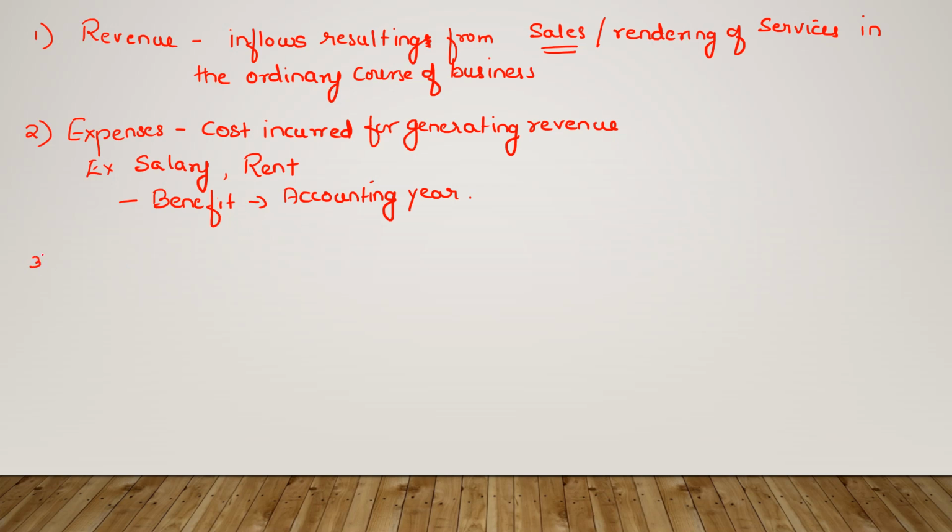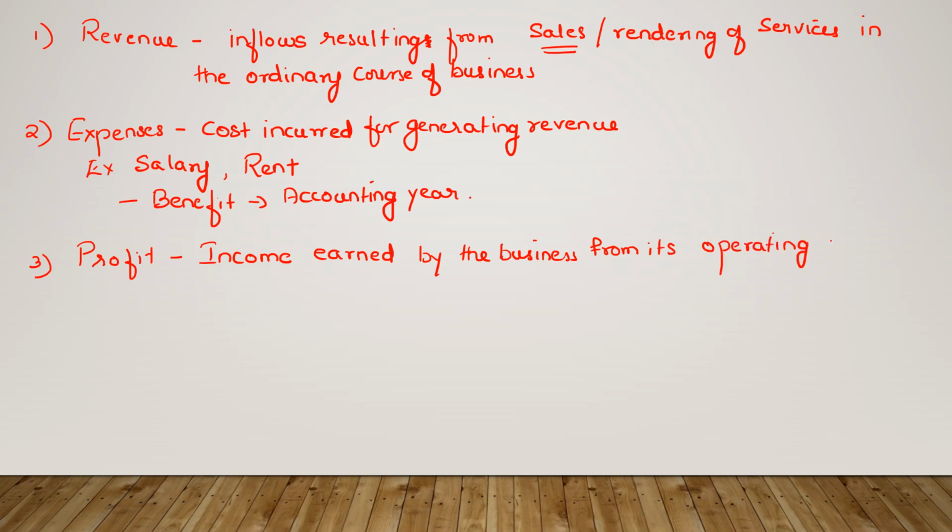The third term that we will learn today is profit. What do you mean by profit? Profit refers to income which is earned by the business from its operating activities. So what is the operating activity?